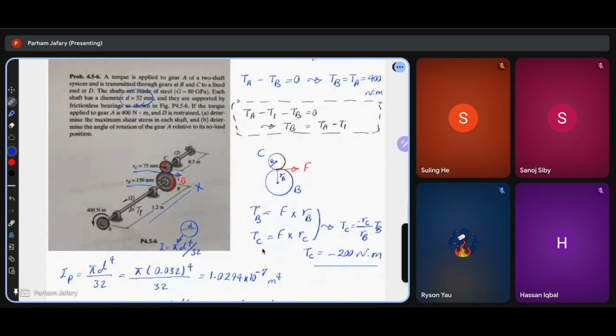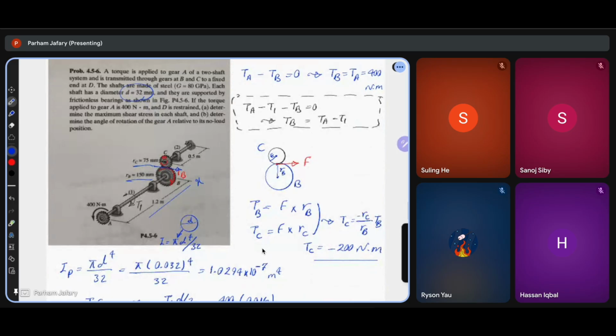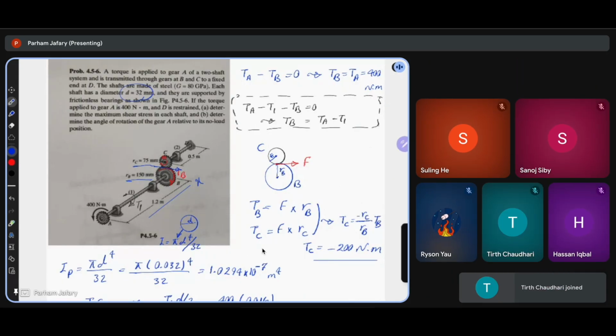Just because you didn't have the lecture doesn't make this problem too complicated. Think of it as before we used to have non-rotary structures, and then you would write the equilibrium in X, Y and Z directions, right? Now we have a rotary structure and we write the equilibrium just by writing the moment equilibrium.